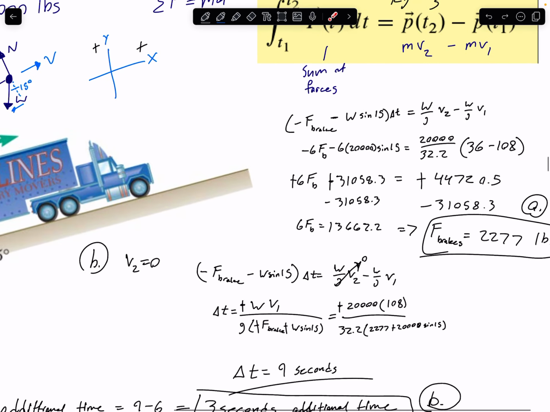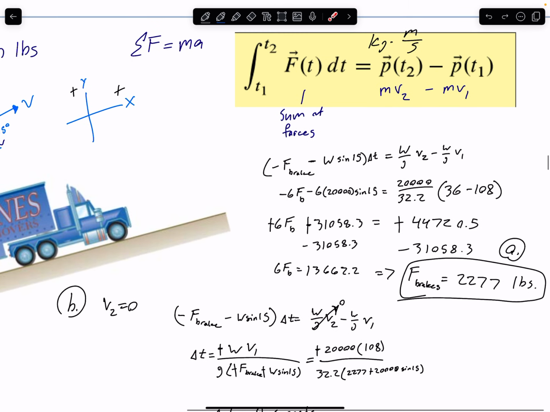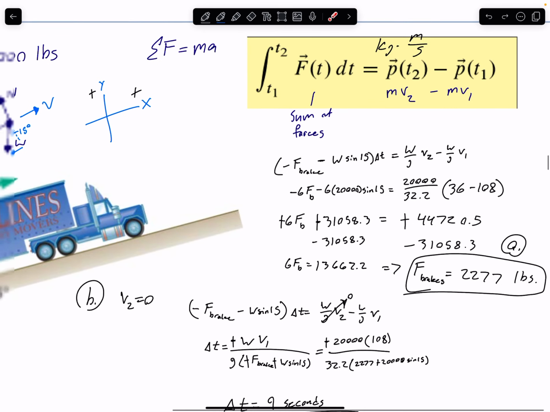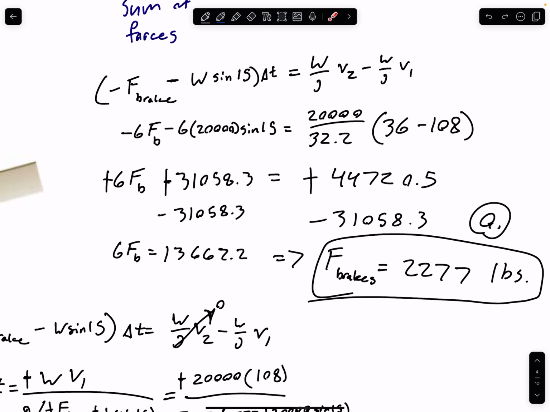We're looking for the force of the brake, and we know how long it takes everything to act, and we're doing everything in the X direction here, because that is the way the velocity is also going. Everything positive is that way, and negative is that way.